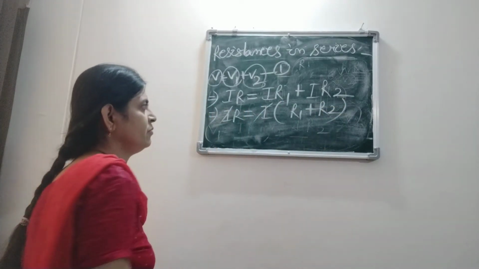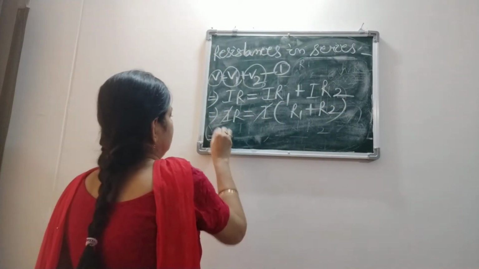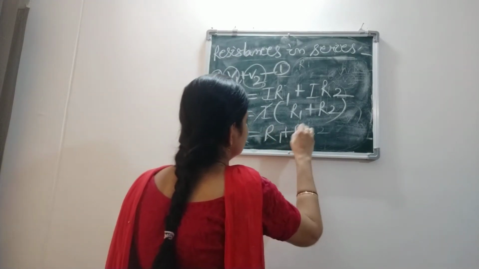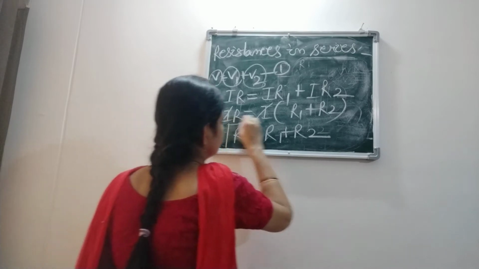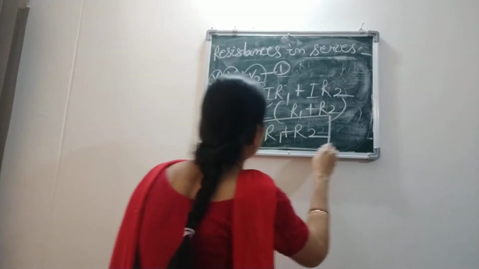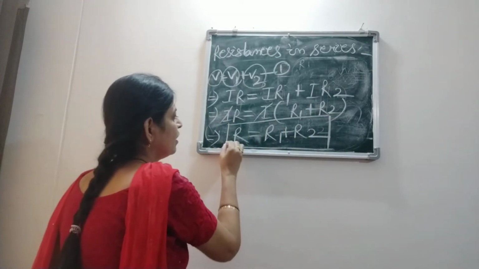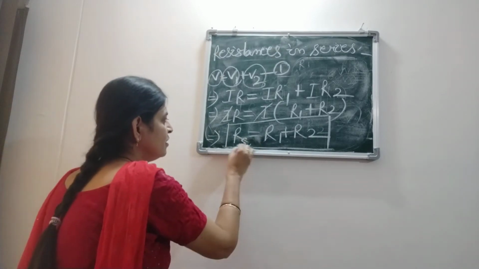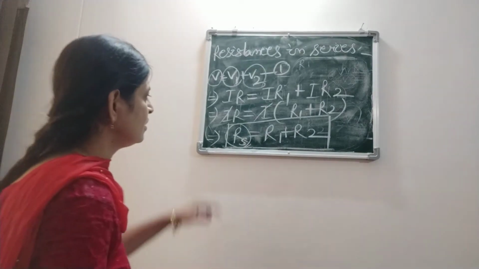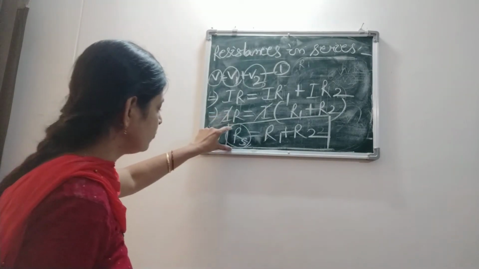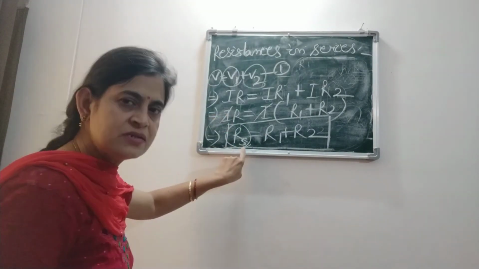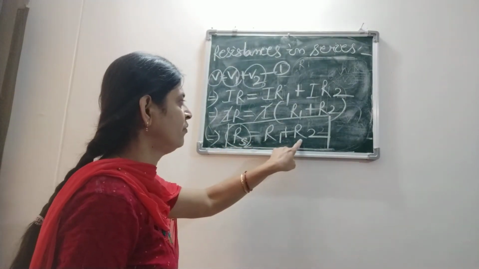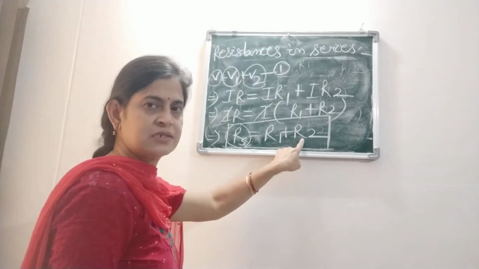Now cancel I from both sides. Now the equation becomes R is equal to R1 plus R2. Or you can write RS instead of R. RS means the total, or resultant, or equivalent resistance in series connection, is equal to the sum of the individual resistances.